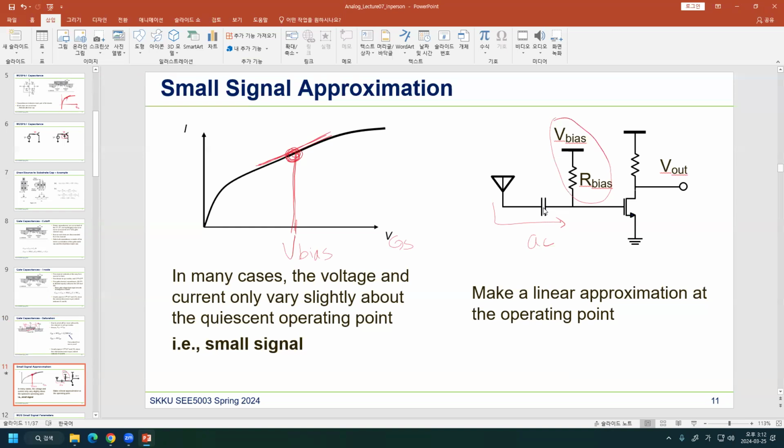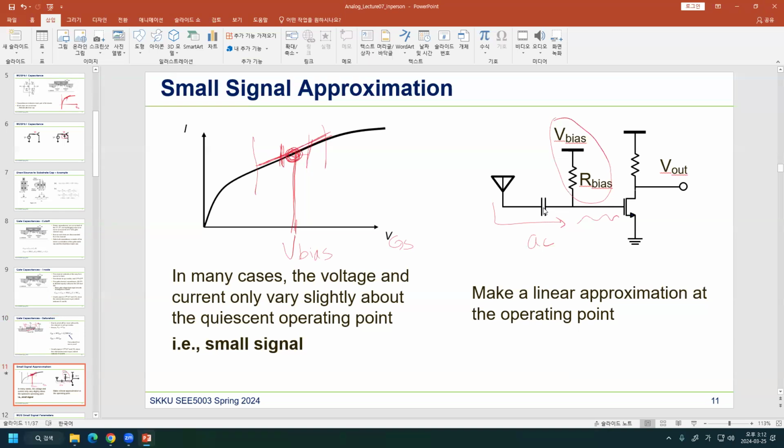What we can also think about is what if VGS changes too much. Here we assume the VGS signal range is small, so we can approximate it well. But what if it is really large? Then it's a problem. Our circuit is not linear anymore.